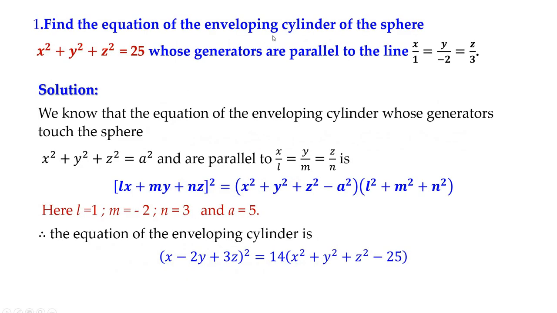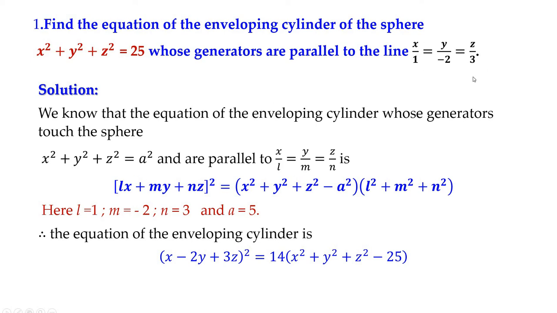Now as an example, find the equation of the enveloping cylinder of the sphere whose generators are parallel to the line. Some line is given. Now we know that the equation of the enveloping cylinder whose generators touch the sphere, this, and are parallel to this is given by this equation. Now just compare this.